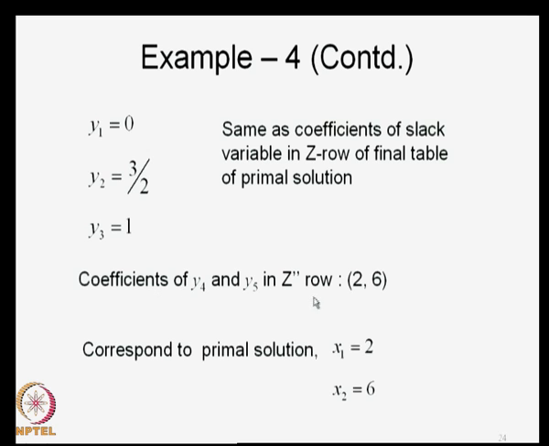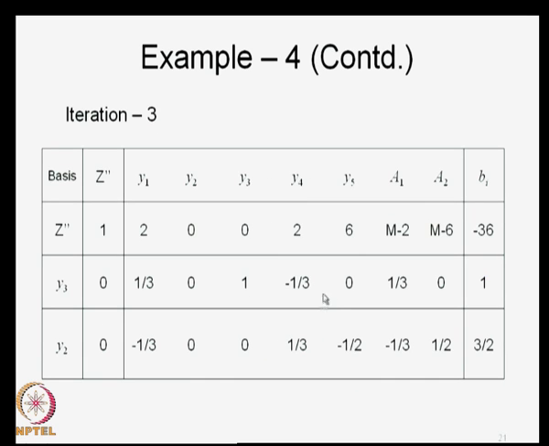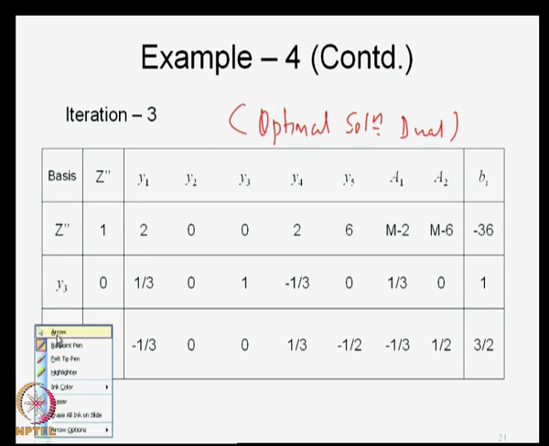Now, if you look at the last tableau of the solution, the dual problem, this is the optimal solution for dual problem. Here you had introduced y 4 and y 5 as the surplus variables.